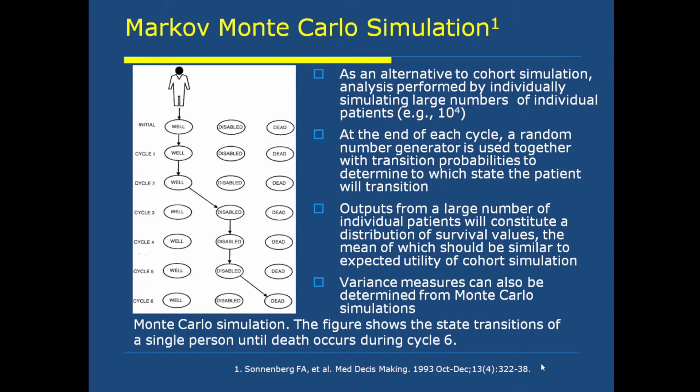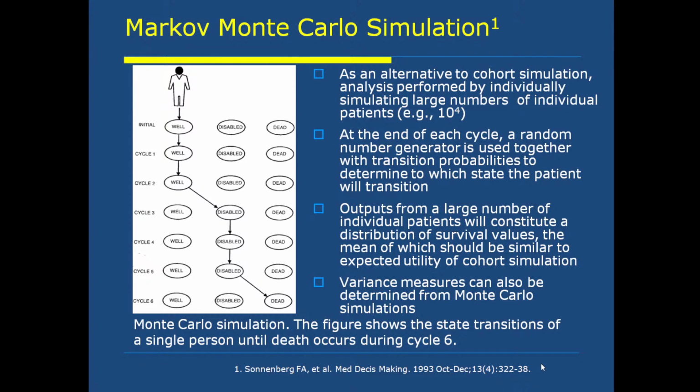As an alternative to cohort simulation, analysis is performed by individually simulating large numbers of individual patients. At the end of each cycle, a random number generator is used together with transition probabilities to determine to which state the patient will transition.